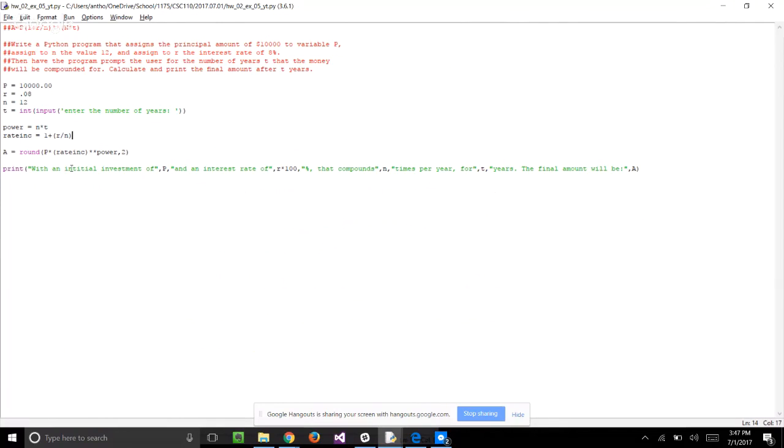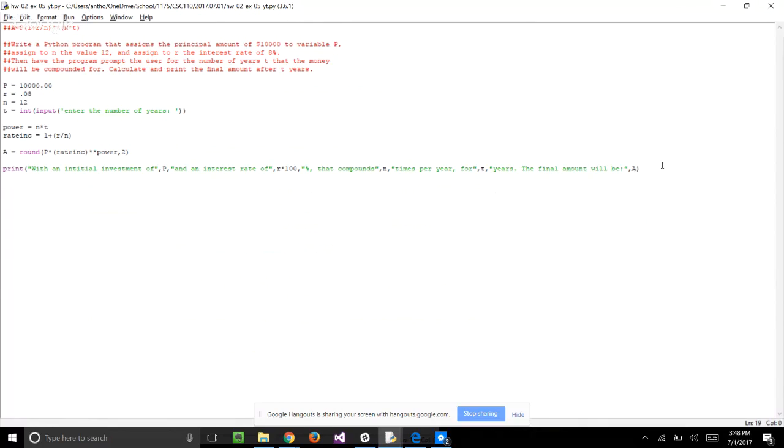And then it will print the statement with the initial investment of P and the interest rate of, and here I have it R times 100, just to make it a little more consistent with up here where it looks like 8%. And I know that it's going to print out 8.0, but that's perfectly okay. So basically R times 100, so 8%, that compounds n times per year for t years, and the final amount will be a.